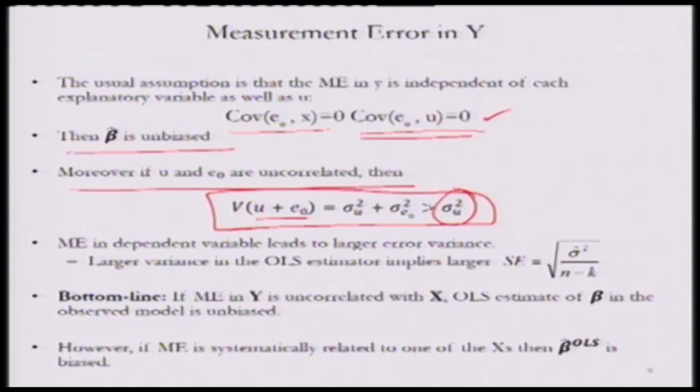However, of course, in a more complicated case where suppose the measurement error in y is correlated with your explanatory variable x, then of course the OLS estimate of beta is not going to be unbiased anymore.